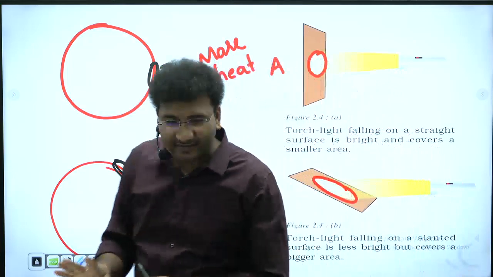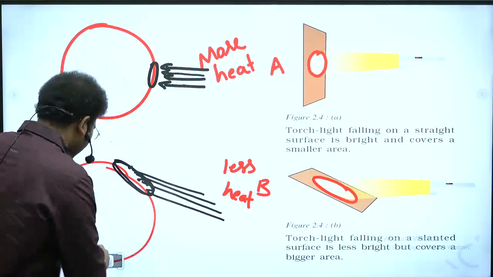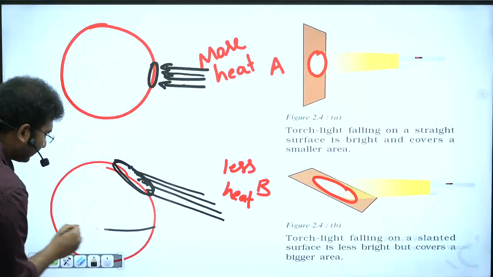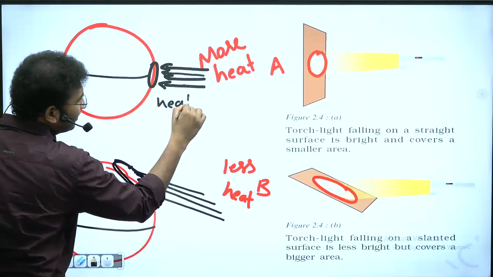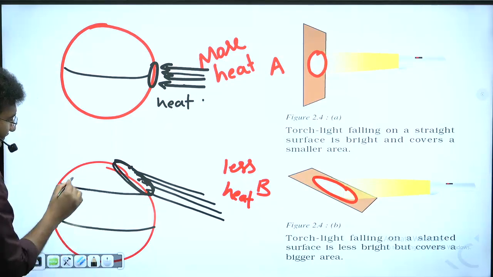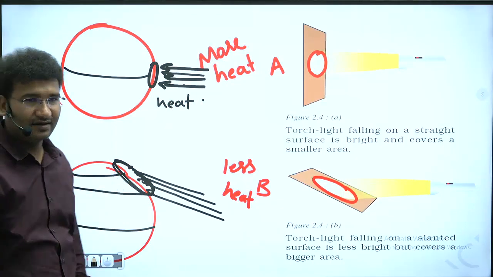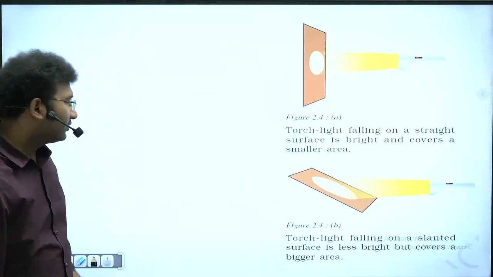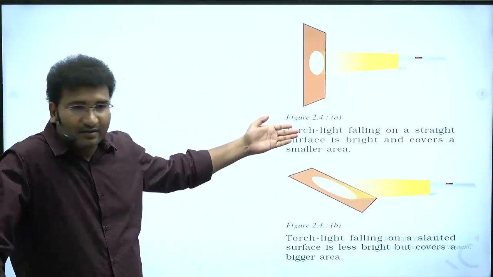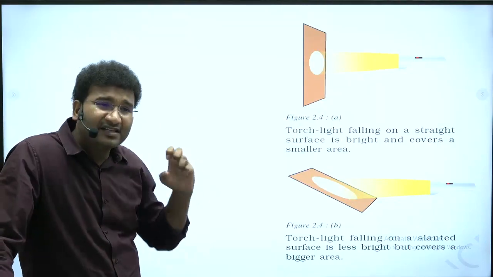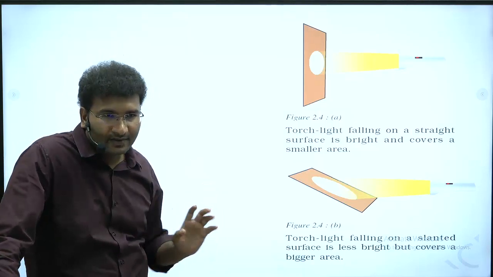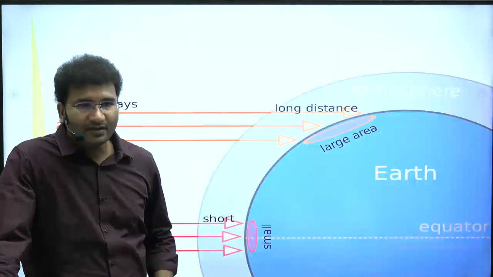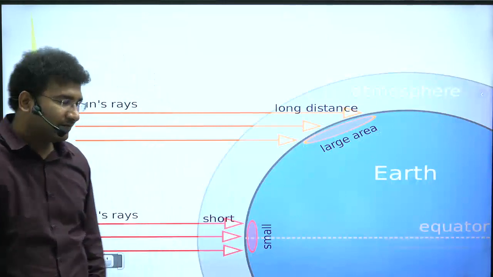That's it. This is the reason why as you go far away from the equator, if this is the equator, पे heat is more. And here the heat received is less. Right? So, this is the concept of intensity of the sun's rays and the surface area. Now, look at the same concept here.